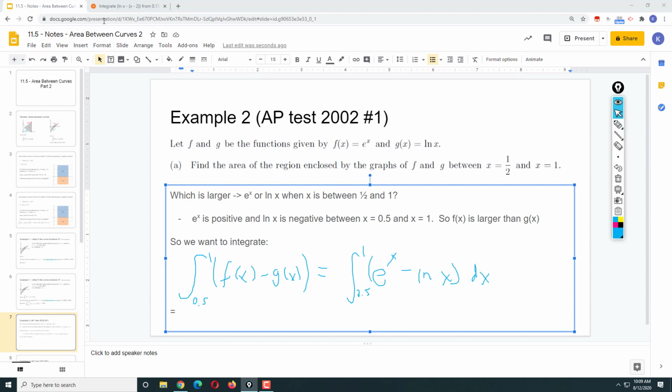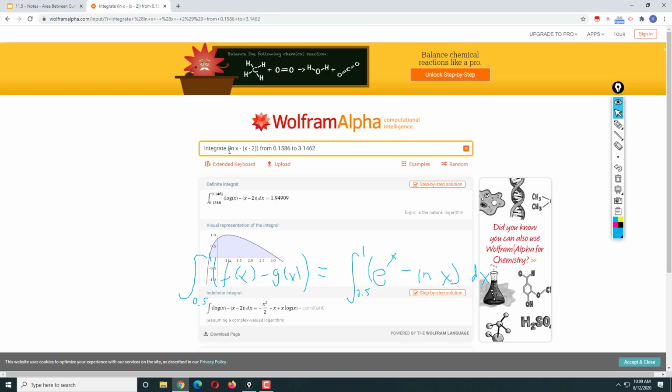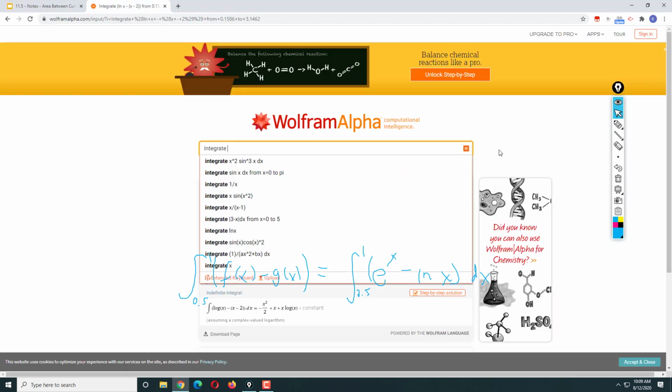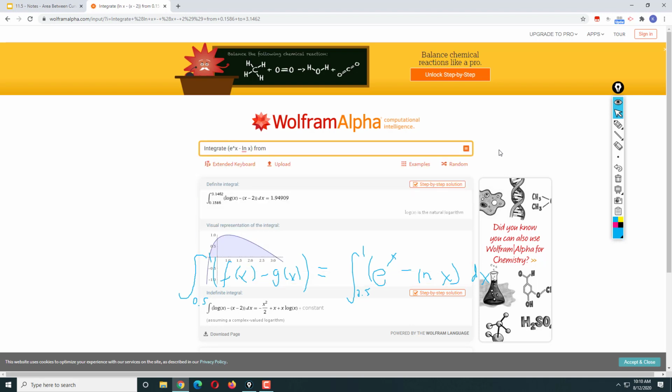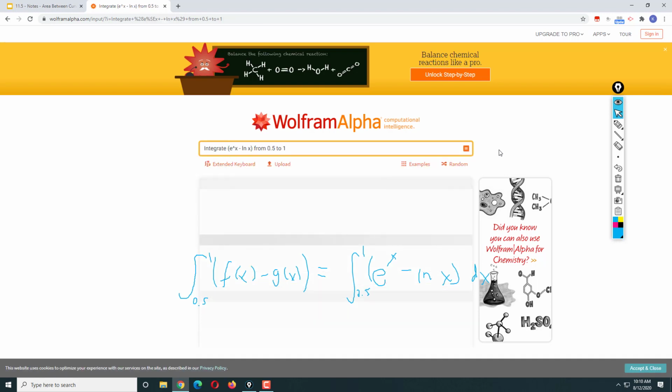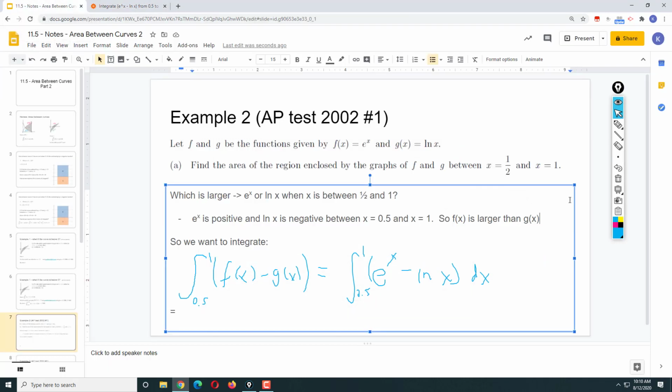Again, we can use Wolfram Alpha to calculate the integral. We're integrating e to the x minus ln x from 0.5 to 1. And we get 1.223 for our answer. So that's the area. Okay.